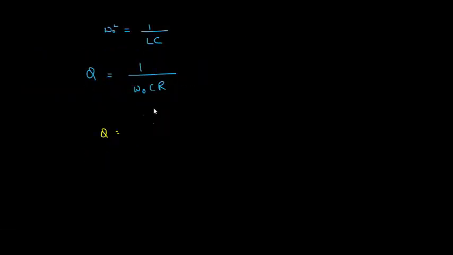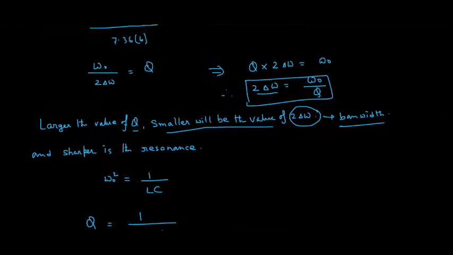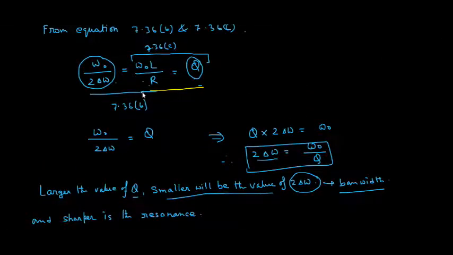So how did we get this value? Let us see. Q is equal to omega naught L by R. Where do we get this equation from? Just now, a few minutes back, you saw this: Q is equal to omega naught L by R, equation 7.36c.